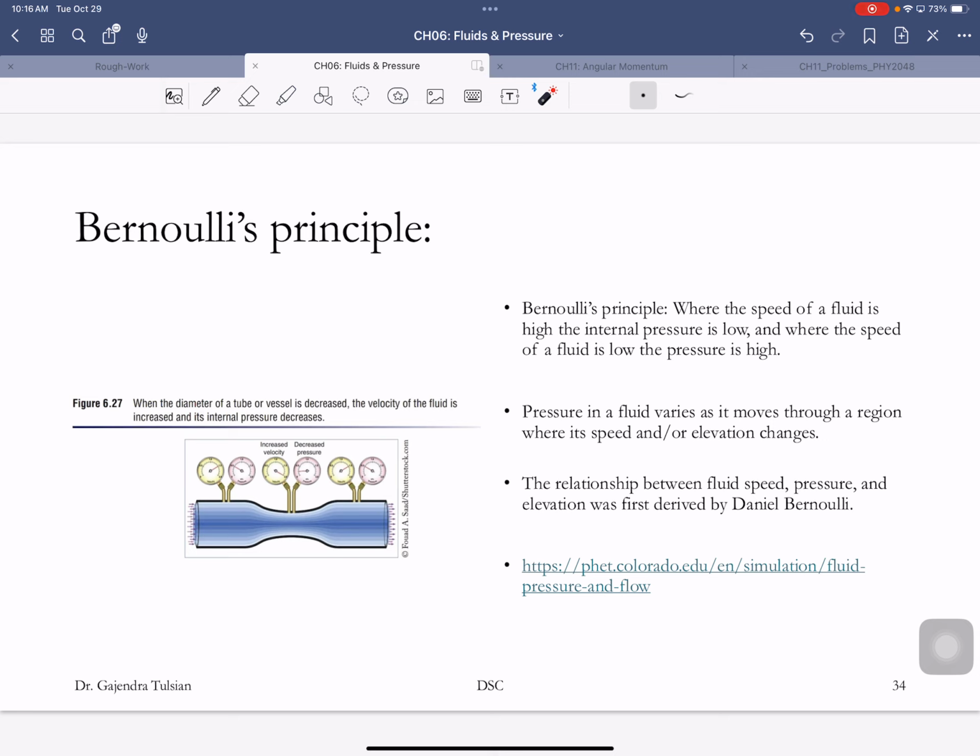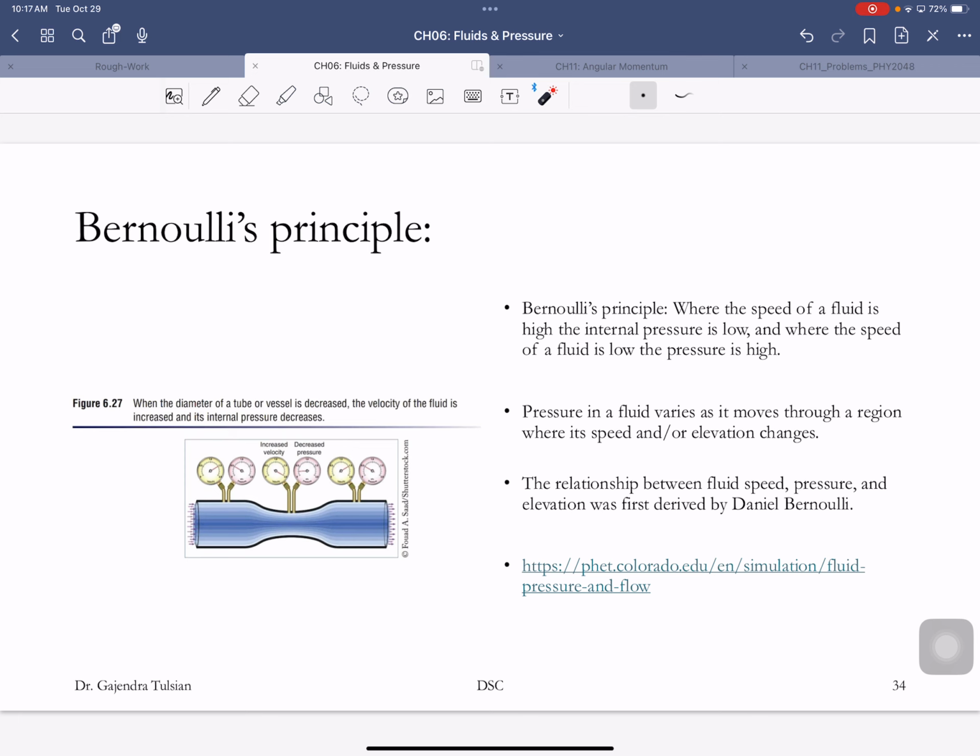Here is fluid flowing in this pipe, and this is measuring velocity and pressure. When the area decreases, the fluid has to flow faster. When the velocity increases, the pressure decreases. So in a faster moving fluid, the pressure decreases. You want to remember that.